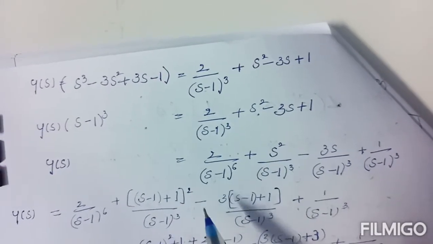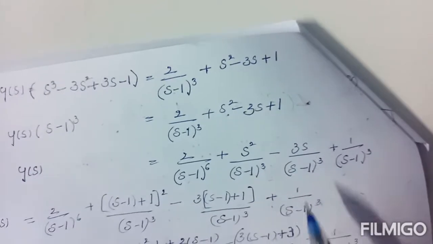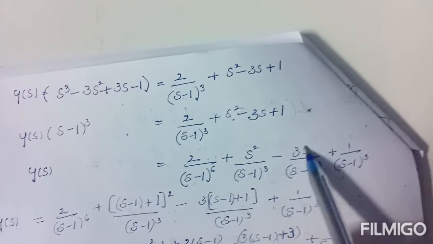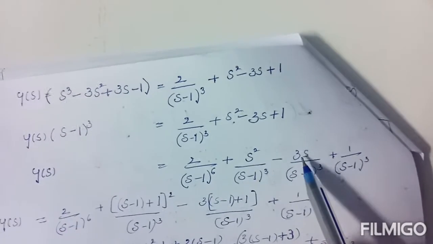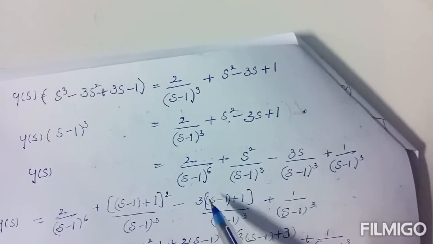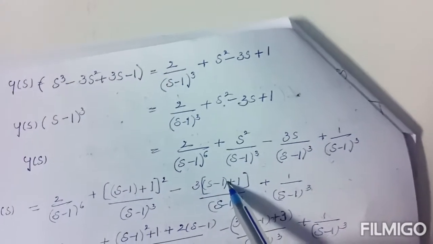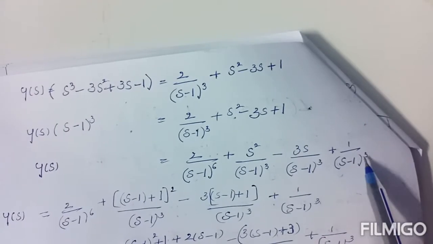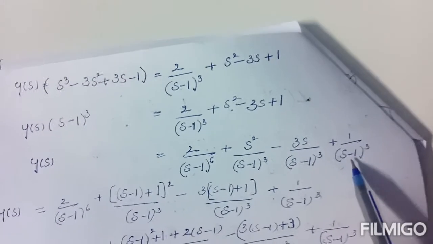Power is as it is, minus 3 into. Here also in the denominator, in place of s we have s minus 1. In place of s also we have written s minus 1. So that 3 into s minus 1, to balance that plus 1 is there. Plus 1 by s minus 1 whole cube is a standard form.